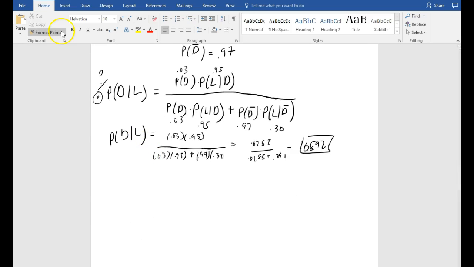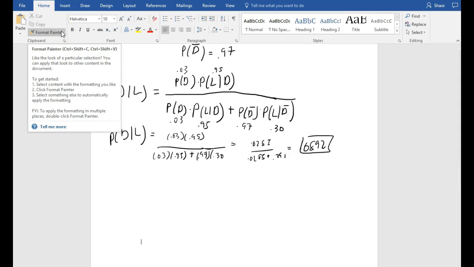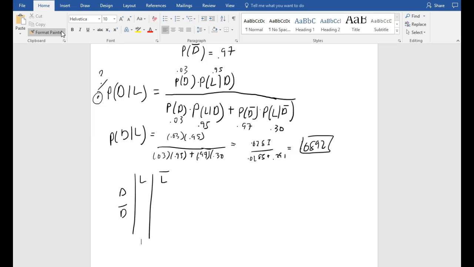I'll first form a contingency table, with columns D, not D, and rows L, not L. So we write down what we know.